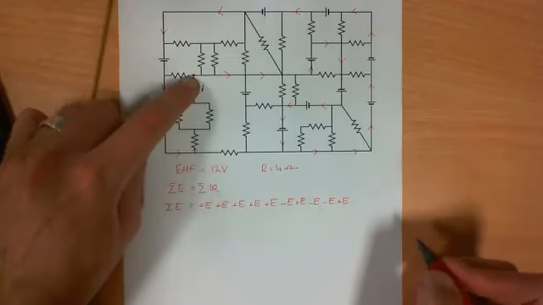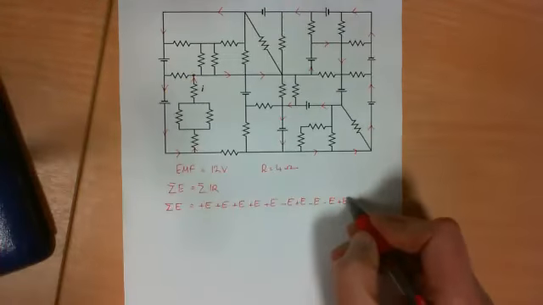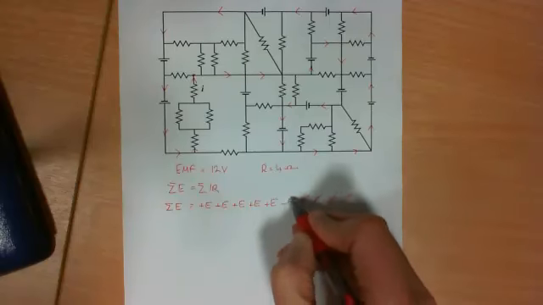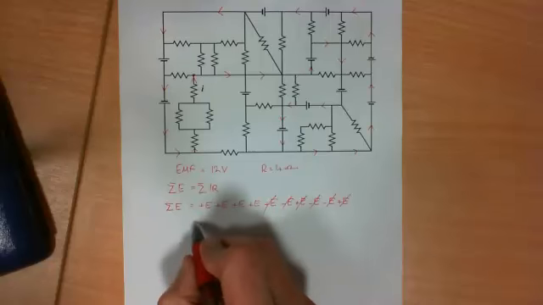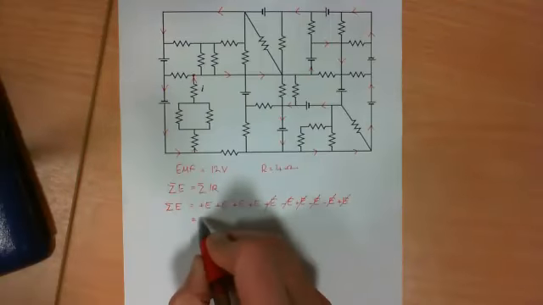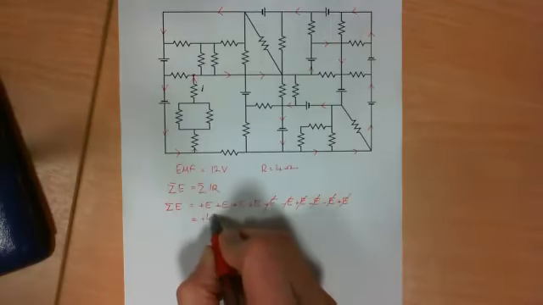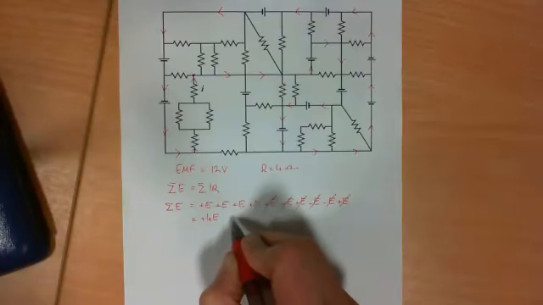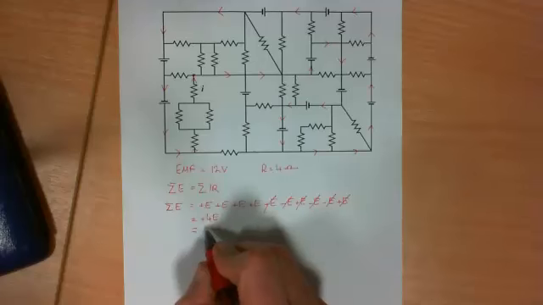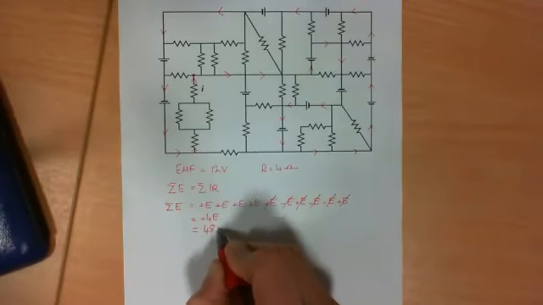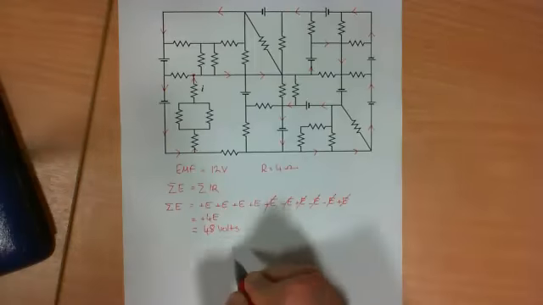We're back to where we started from. Now a lot of these are going to cancel out, so I'll cancel out the pluses and the minuses. So our total sum of all the EMFs is equal to 1, 2, 3, 4. And as I said, all the cells are 12 volts, so this is just equal to 48 volts.